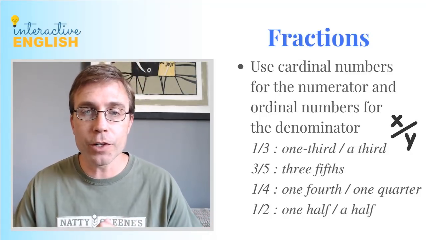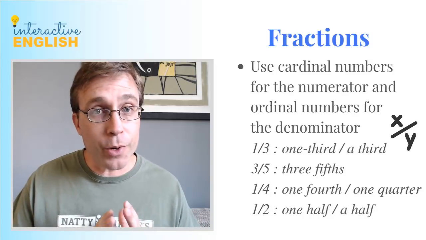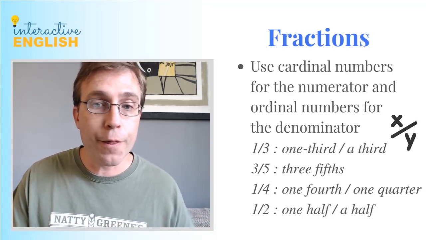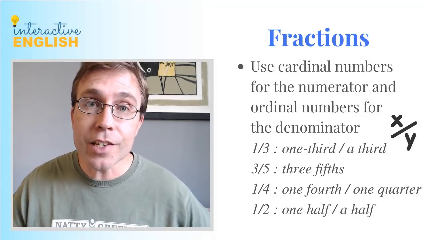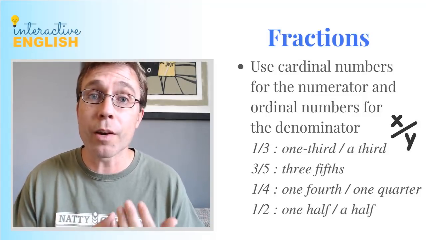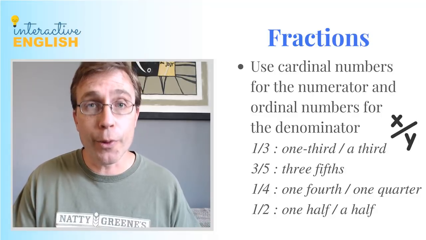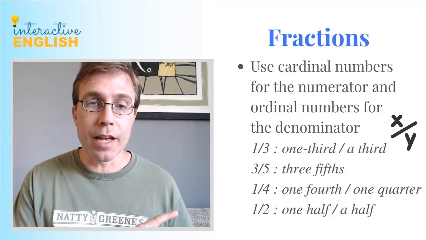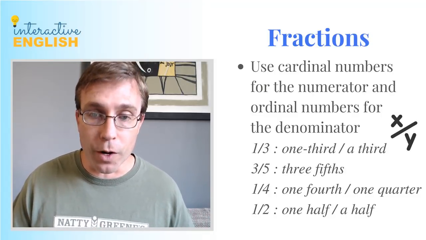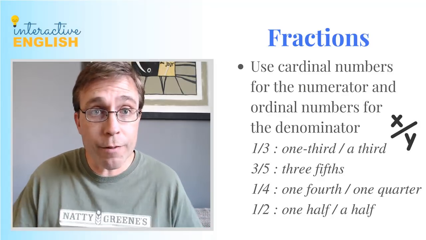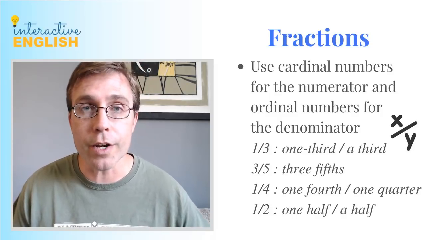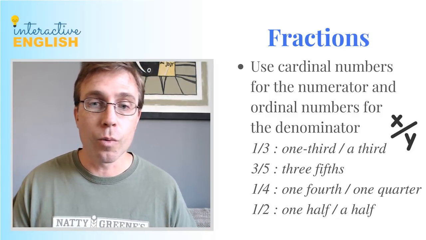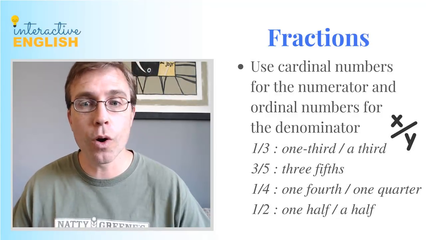Now, if there is not a 1 in the numerator, three fifths. The ordinal number needs to be plural because there's more than 1 in the numerator. Three fifths. Now down here, 1/4. You could say one fourth, or you could say one quarter, or a fourth, or a quarter.